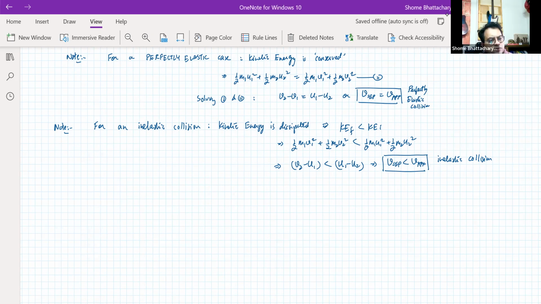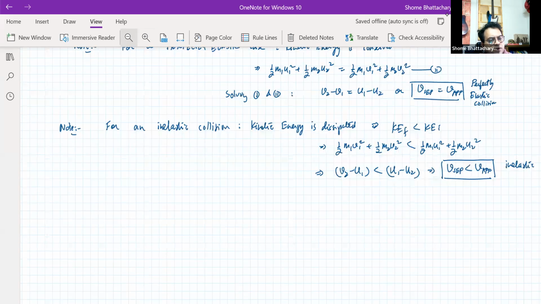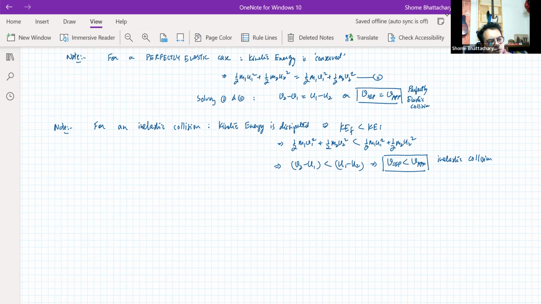Okay, so now we will define another parameter for head-on collisions, which is called the coefficient of restitution.